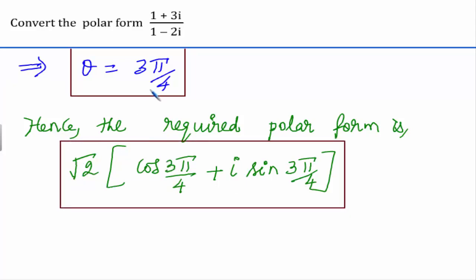If we are asked to find the polar form of these kind of expressions, first we need to write them in the standard form. Then we need to find the polar form. With this, we come to the end of the solution.